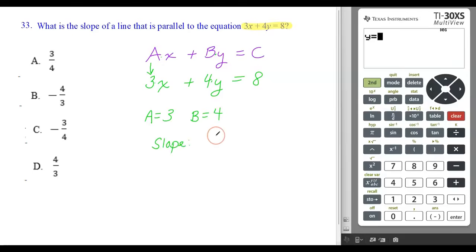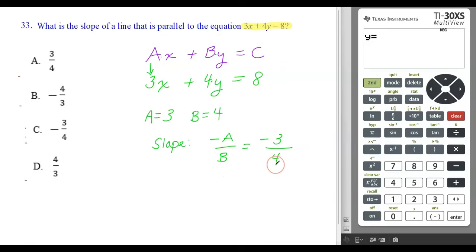As I showed you earlier, the slope is negative a over b. So let's just substitute these in. Bring over your negative sign right here. Your a value is 3. Your b value is 4, so replace b with 4.